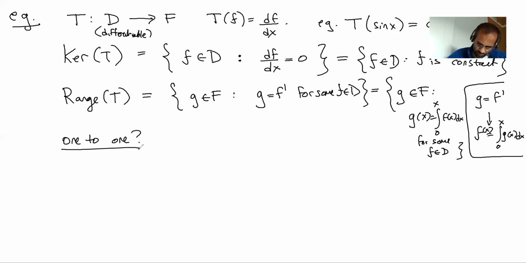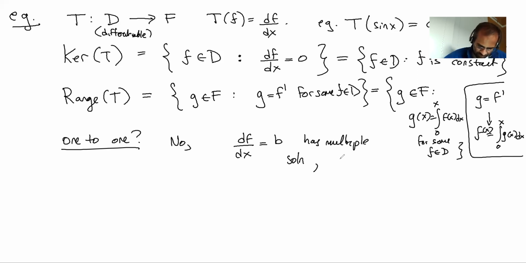No. Why not? Because if you integrate, there's a constant, so it's not just one solution. Good answer. So no, because df by dx equals b, let's call it, has multiple solutions.